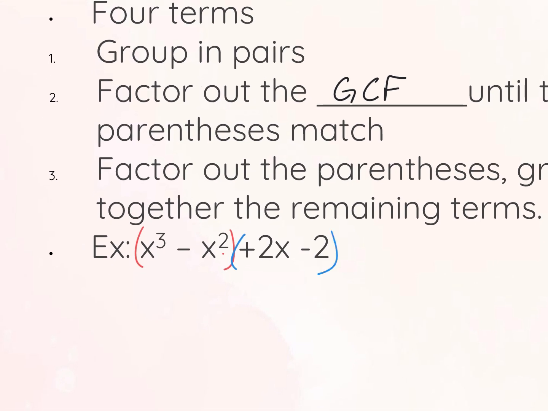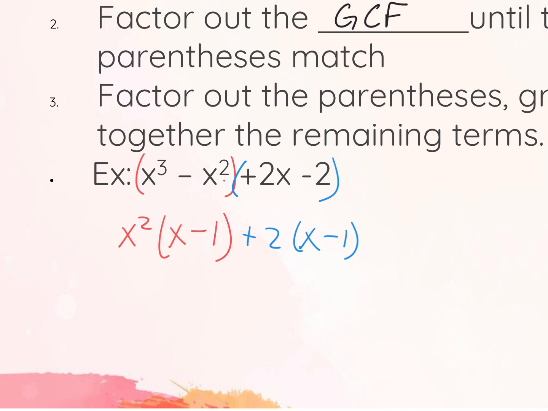Now from the first group between x to the third and x squared, I can take out an x squared. And then when you take out an x squared, you're left with an x minus 1. Now in 2x minus 2, the GCF there is going to be 2, and then I'm left with an x minus 1. Now hopefully we agree that this x minus 1 and this x minus 1 are a common factor between the 2.